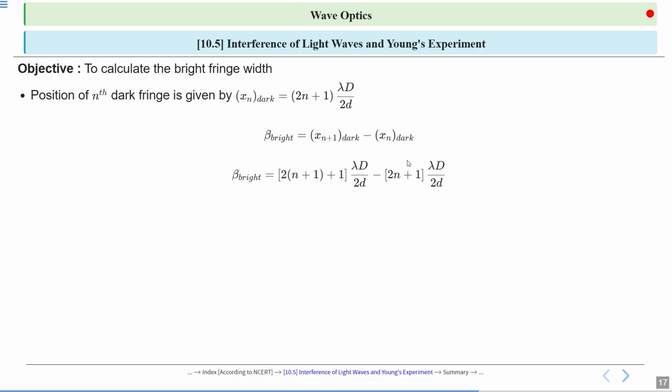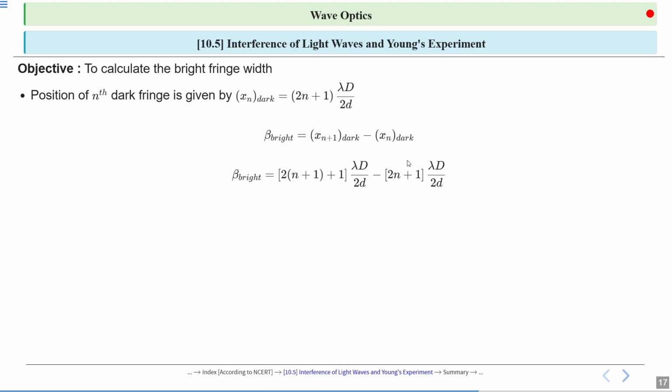So beta bright will be equal to, let's substitute the expression for the position of dark fringes into the formula. Since the position of a dark fringe is (2n plus 1) lambda D upon 2d, here n is n plus 1, so put n plus 1 in place of n: (2(n+1) plus 1) lambda D upon 2d minus xn dark, where xn dark is (2n plus 1) lambda D upon 2d.